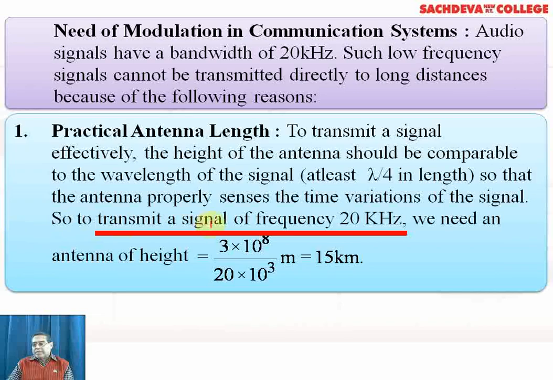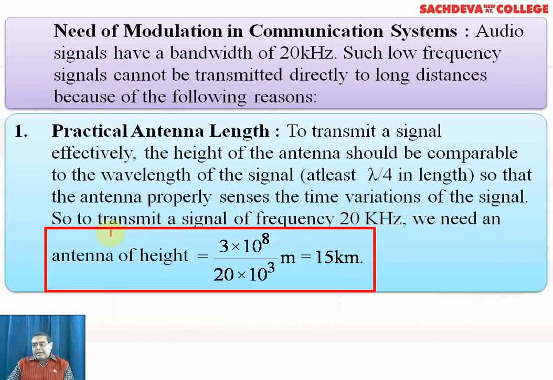So to transmit a signal of frequency 20,000 hertz, we need an antenna height of lambda by 4, where lambda is the wavelength. We can convert it to frequency: the velocity divided by the frequency gives the wavelength.